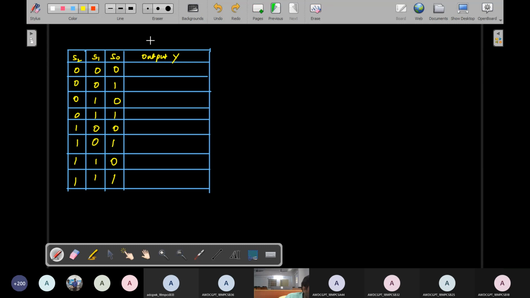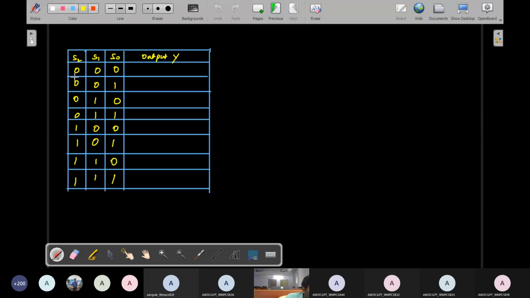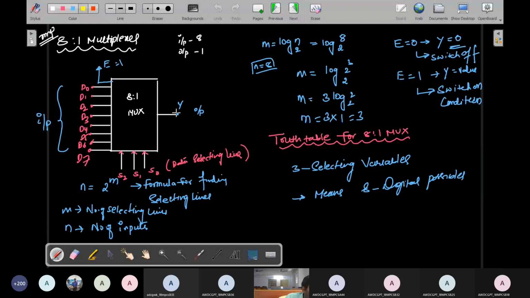See here, first of all I'll move to the diagram. From this diagram, this D0 always represents 3 zeros. If you give 3 selecting inputs 0 0 0, the output selects the first input, because this is nothing but an 8-input multiplexer. So that's why this always represents 0 0 0.